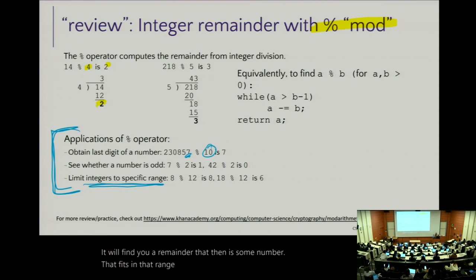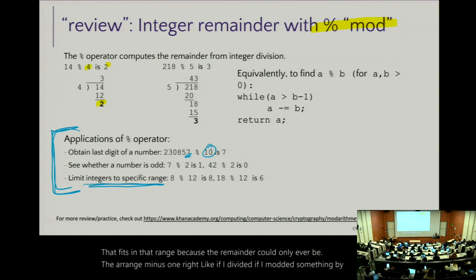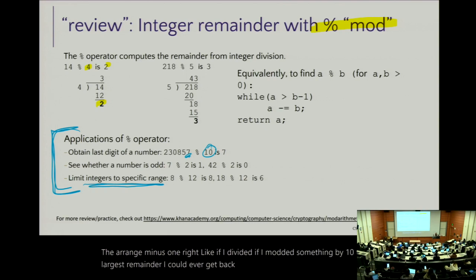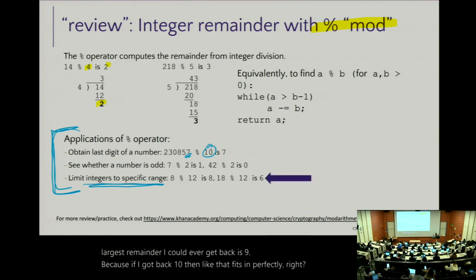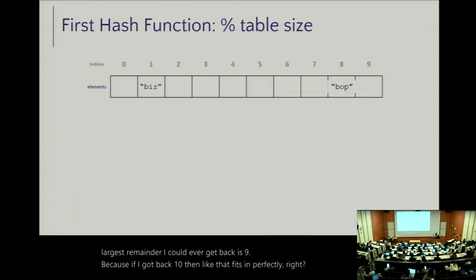Because the remainder could only ever be the range minus 1, right? If I modded something by 10, the largest remainder I could ever get back is 9. Because if I got back 10, then that fits in perfectly, right? So, yes, limit keys to indices within the array.